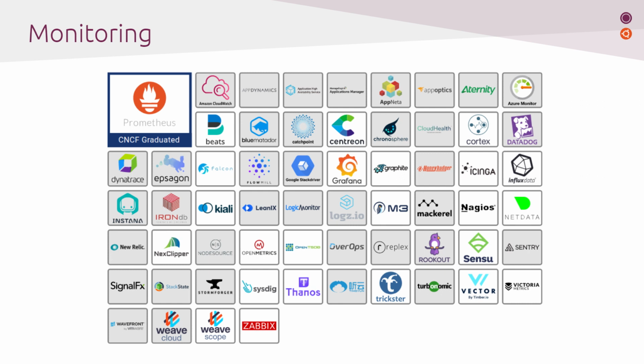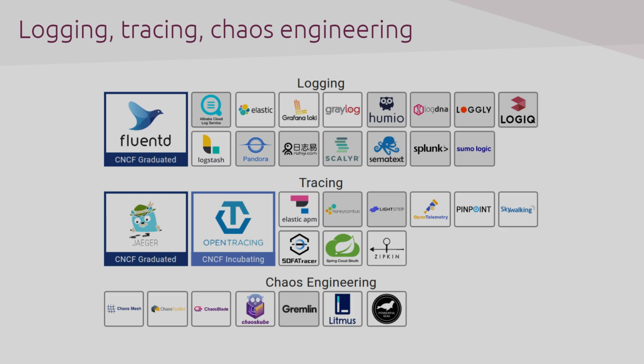If you look at the current monitoring ecosystem, there are so many different tools that allow you to monitor the metrics of your container, of your virtual machine and the whole infrastructure, and to visualize it nicely. So there is a big group of tools to choose from. And the same goes for logging and tracing and chaos engineering and so on.